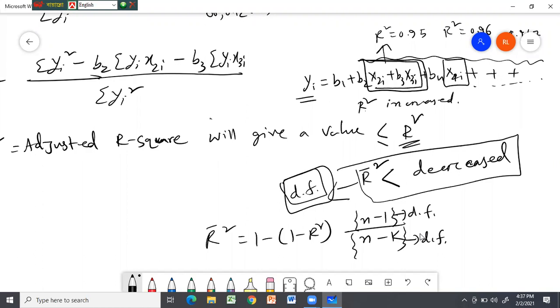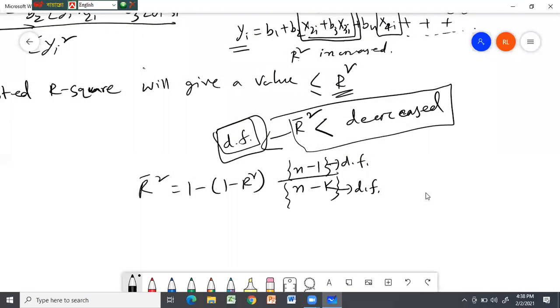The second property is, when you are adding more and more explanatory variables in your regression model, at one point of time, surprisingly, you will observe that your adjusted R square value will be started increased. আপনি একটা পয়েন্টে গিয়ে দেখবেন যে adjusted R square value ইনক্রিজ করা শুরু করছে। And when adjusted R square value started to be increased, that is the point you have to stop for adding more explanatory variable. ওইখানে আপনাকে সাথে সাথে থামতে হবে যে I cannot add more explanatory variable.